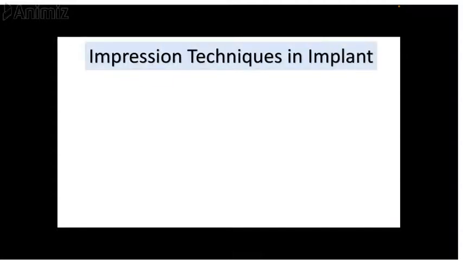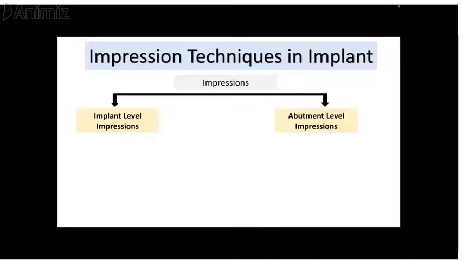First, let us start with the impression techniques in implants. Impressions are mainly of two types: implant level impressions and abutment level impressions. Implant level impressions are of two types: pickup or open tray impression, and transfer type or closed tray impression.